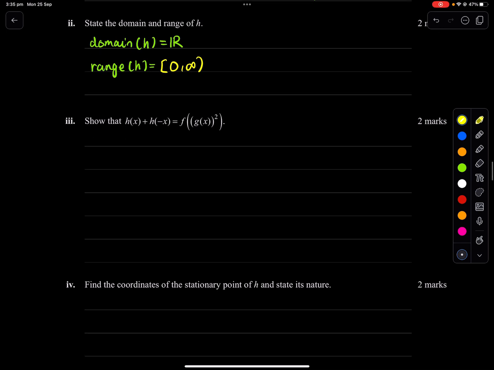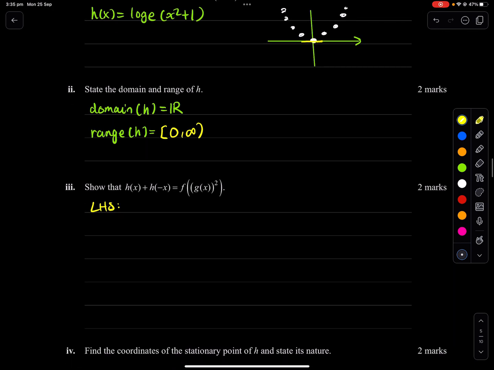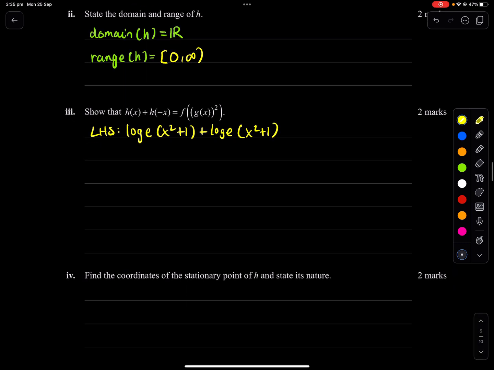Show that h of x plus h of minus x is this. Okay, so let's just say that your left-hand side, so we want h of x, which is log e of x squared plus 1 plus log e, because it's just being squared, it's just going to be again x squared plus 1, which is just 2 log e of x squared plus 1, which is just the same as log e of (x squared plus 1) all squared.